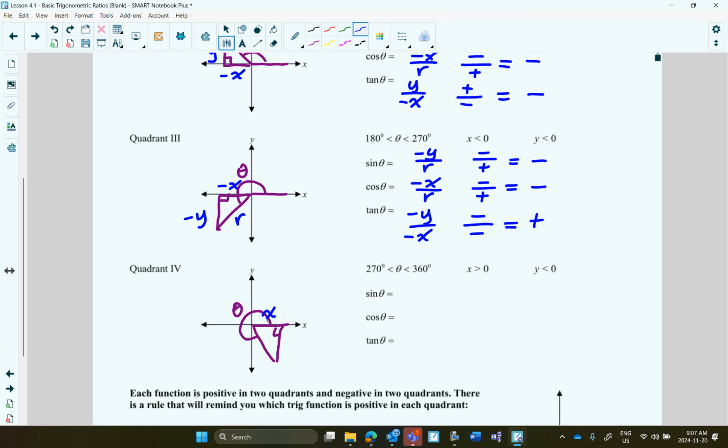So the sine is going to be negative y over r, which gives us a negative over a positive, which is negative. The cosine is x over r, which is a positive divided by a positive, which is a positive answer. And the tan is going to be negative y over x, which means a negative divided by a positive, which gives us a negative answer.